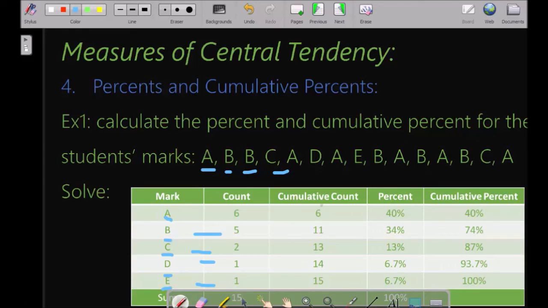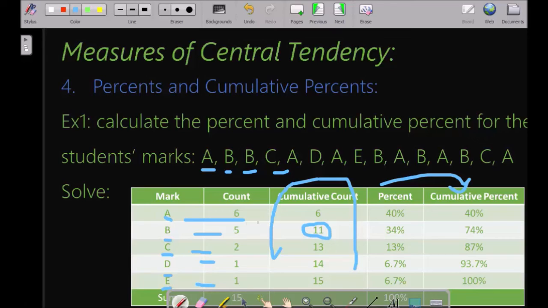Cumulative count is like counting all the values. It's not really important, but I've added this column to simplify the idea to talk about cumulative percent. Like I have 6 A's. In the other row here, it is 11.